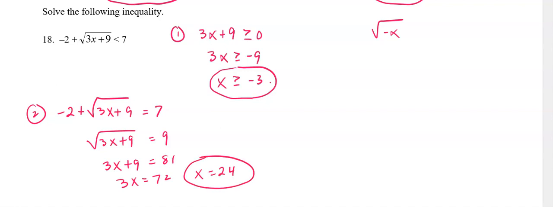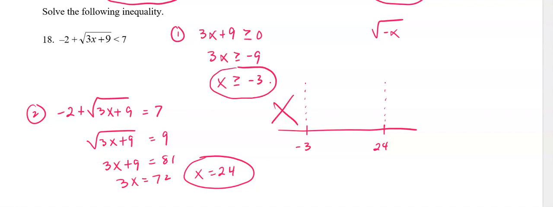We said x is 24, and then we said that our numbers for solutions have to be bigger than or equal to -3. So what we're going to do to make sure we got our answer squared away, we got the right range of numbers, is just put these two numbers on a number line.